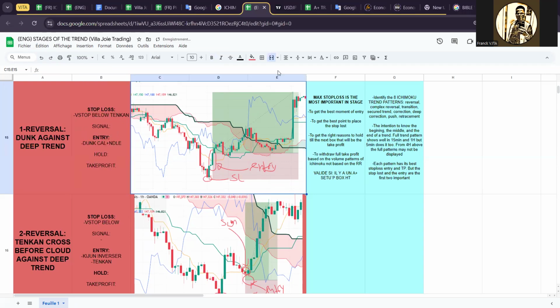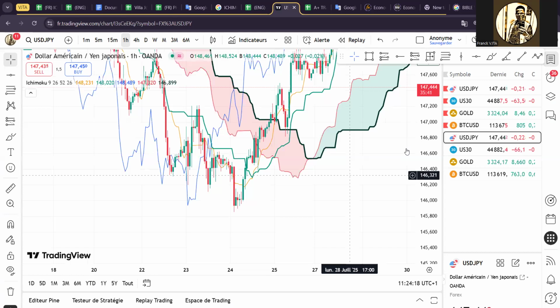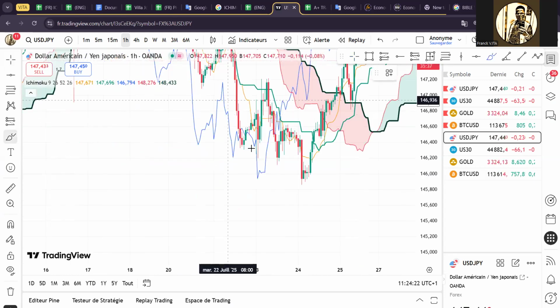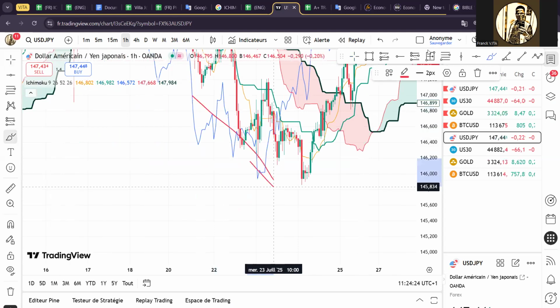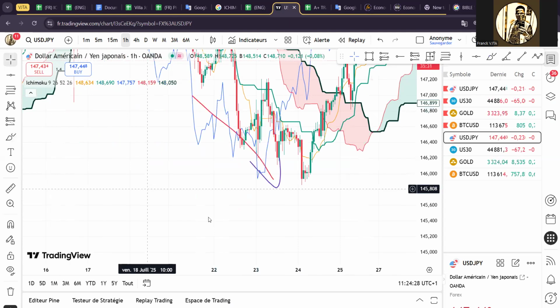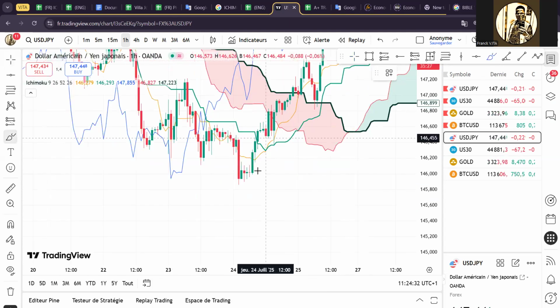Let us look at it in the chart directly. We have here, what do we have here? We have a price that was going down like this, and then now we saw this down candle, right?